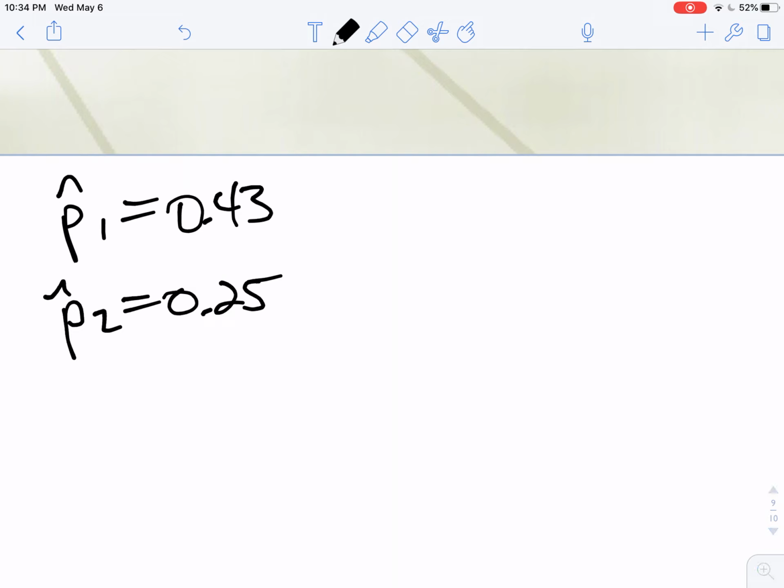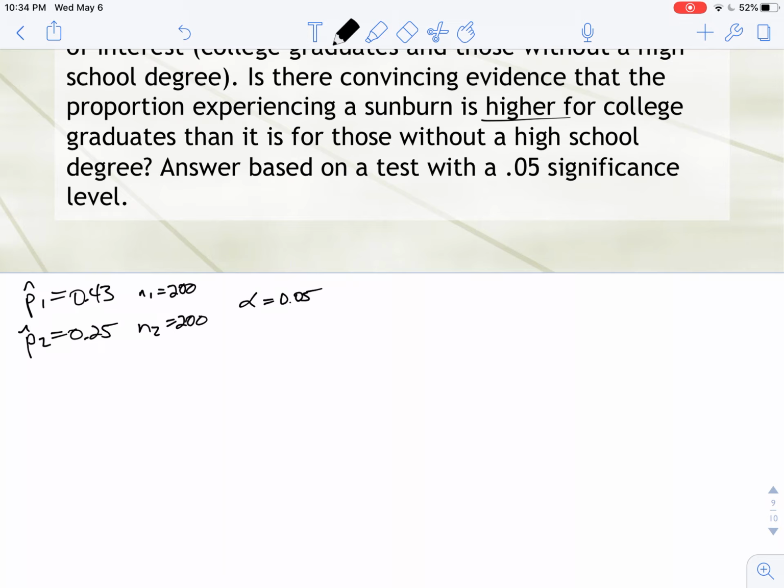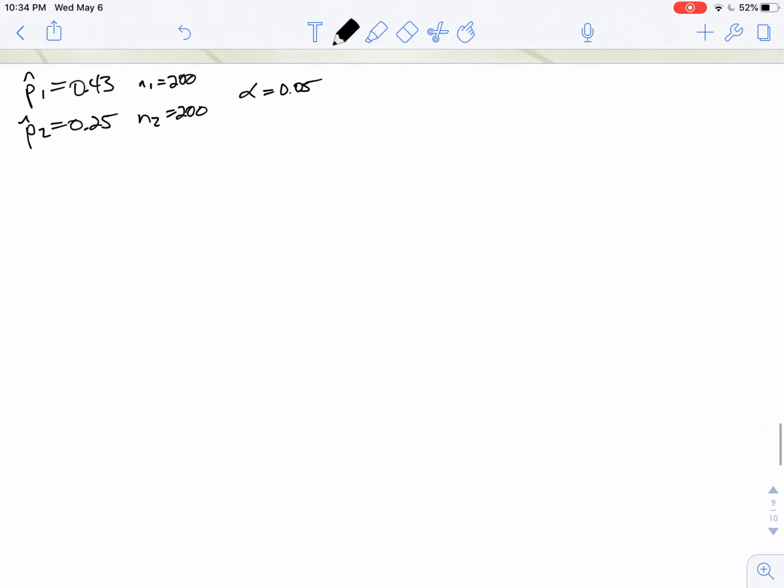So I'm also going to notate n1, which is 200, n2, which is 200, and then I also know that my alpha value is going to be 0.05. So I like to just notate all that stuff before I start my steps.